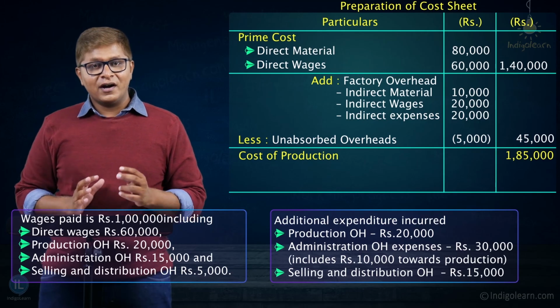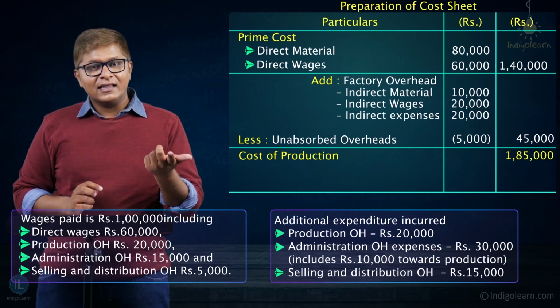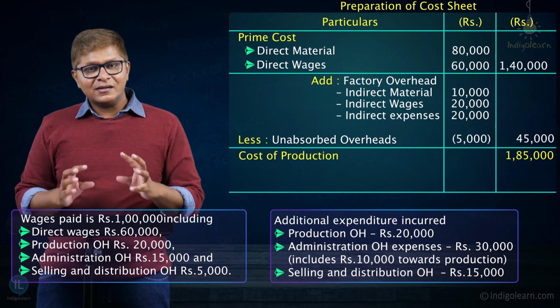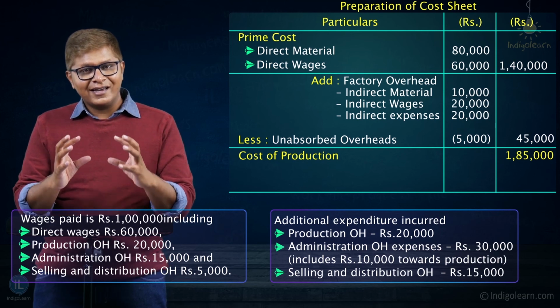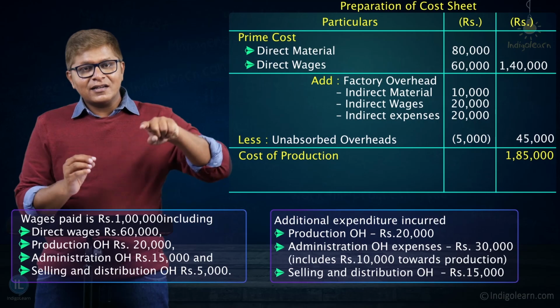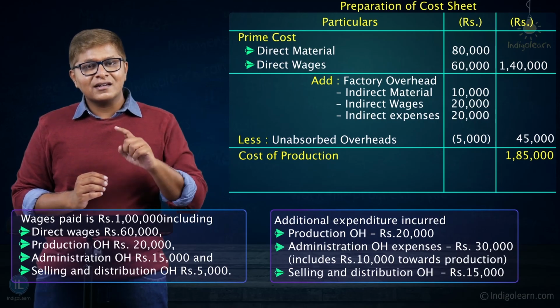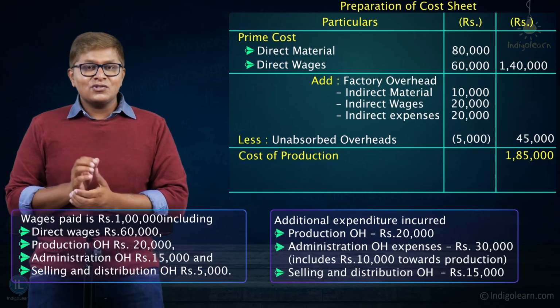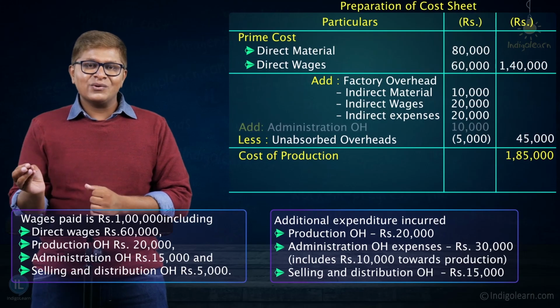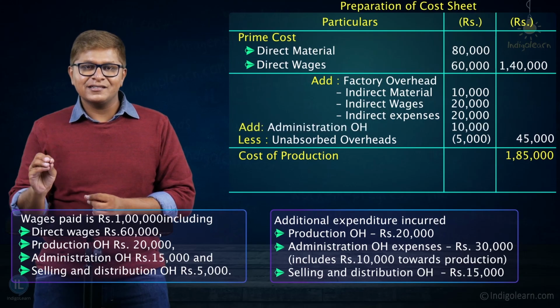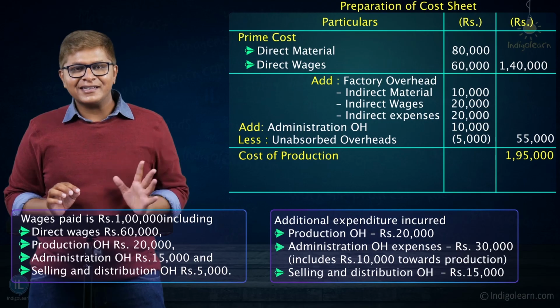1,85,000. Now apart from this 1,85,000, they are also saying that there is some administration related expenditure which is in relation to the finished goods, which is in relation to the production. So let us now add 10,000 rupees of admin expenditure which was also related to the production activity.